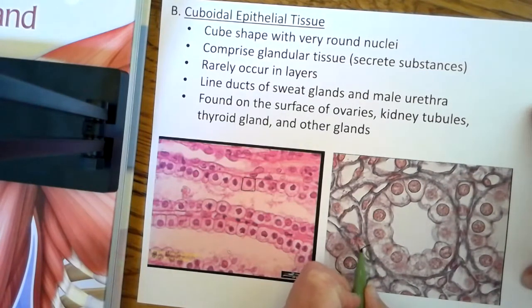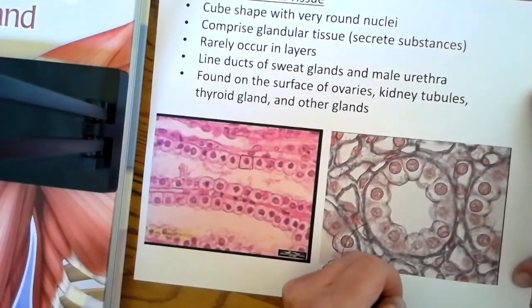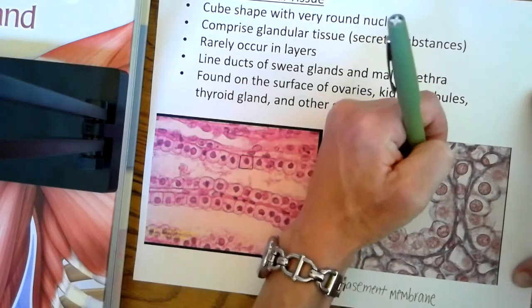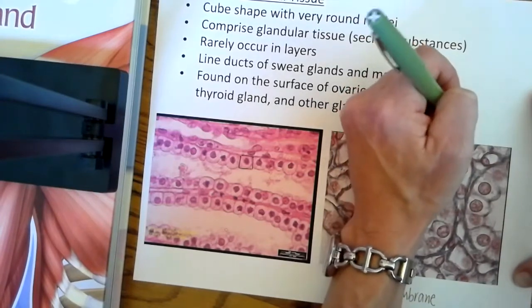This is a place that I need to stop and say that you need to label on your notes the basement membrane, which you can't see me doing that here. There we go. And then on the opposite side up here, let's label this as the apical surface.